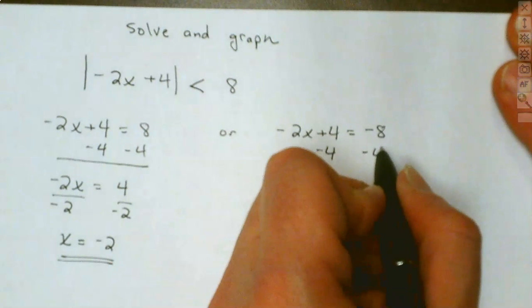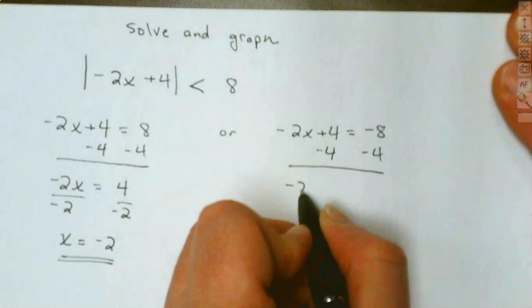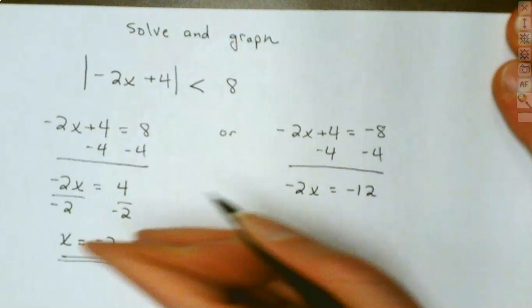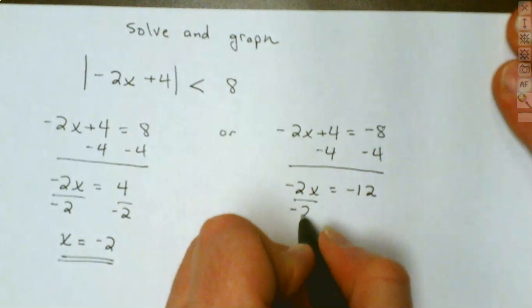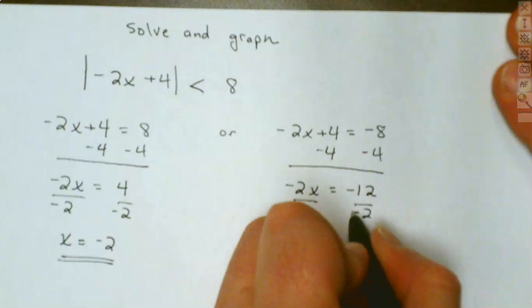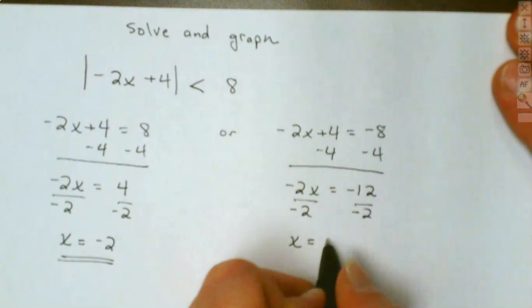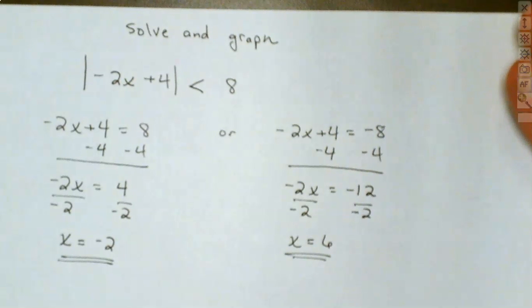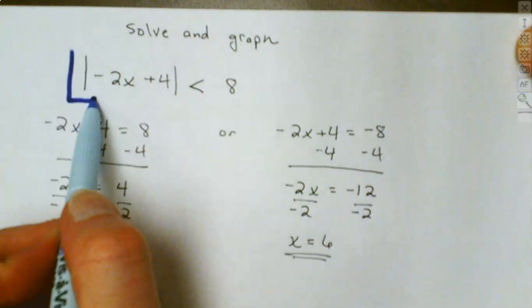Move your 4 over. Got a negative 2x equals now a negative 12. Divide by your negative 2. And so x equals, it looks like a positive 6. So that is what we've done before.